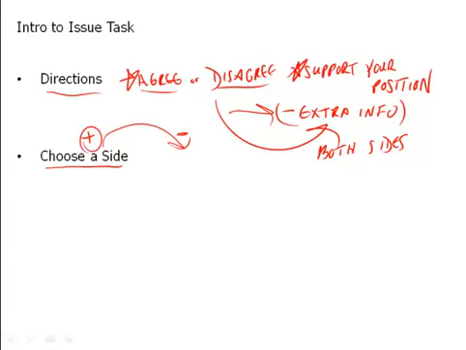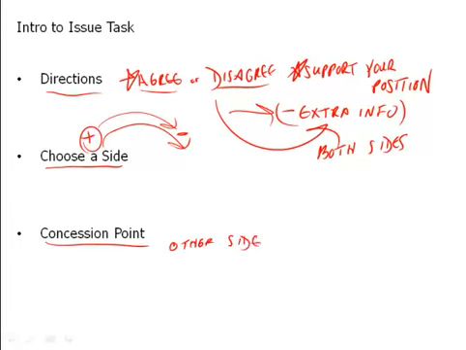If you pick the positive side, you're defending that, you still need to say, hey, the negative side may sometimes have some validity. And this important point is called the concession point. So you must make sure that you, in addressing both sides, show that the other side is also valid in some cases.